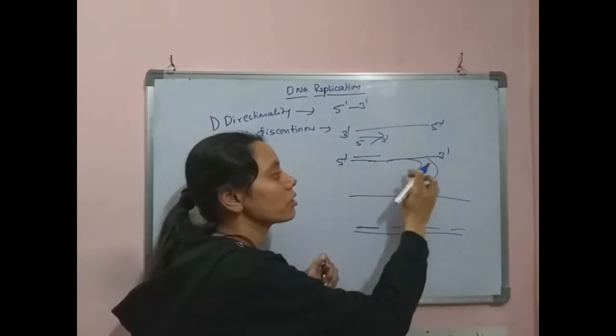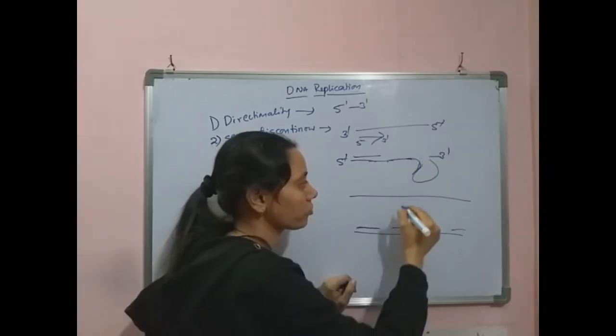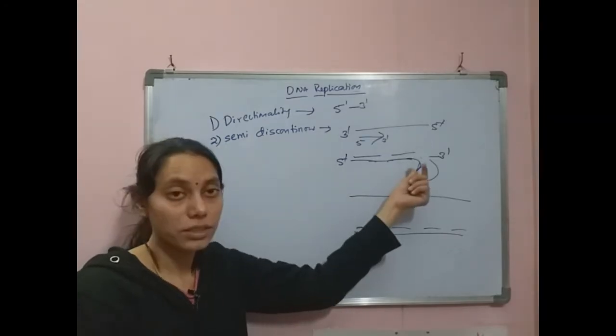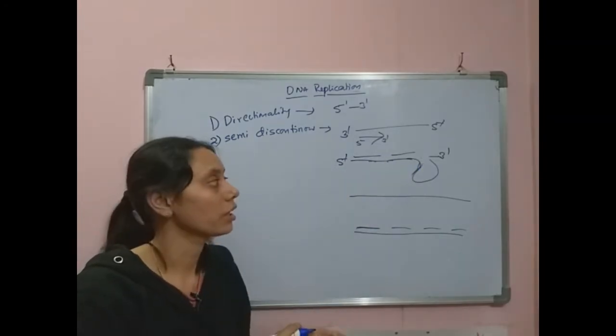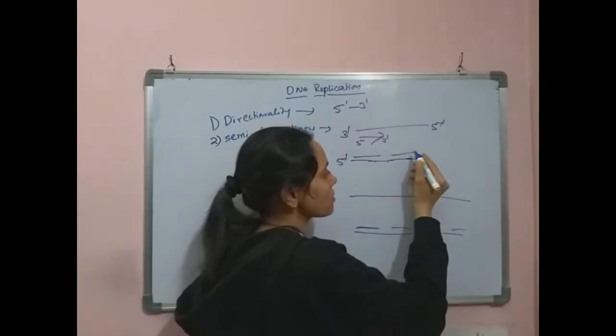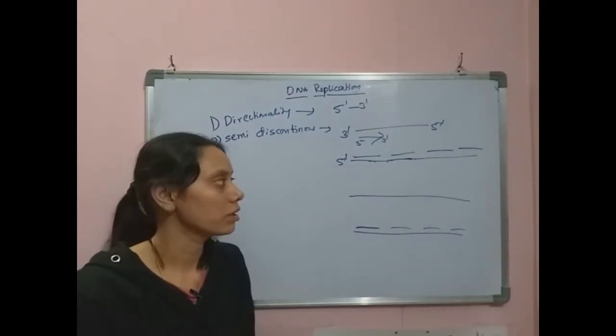Again the loop will be formed at the forward position, and that will give birth to another such small stretch of DNA, so that the DNA synthesis process is discontinuous. It's not a continuous process.